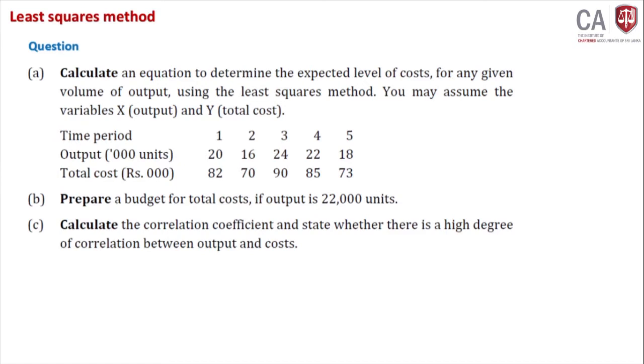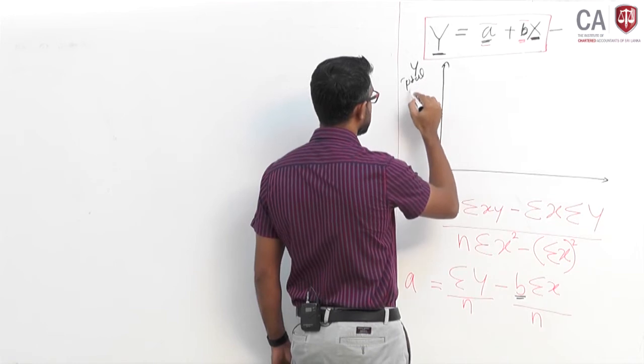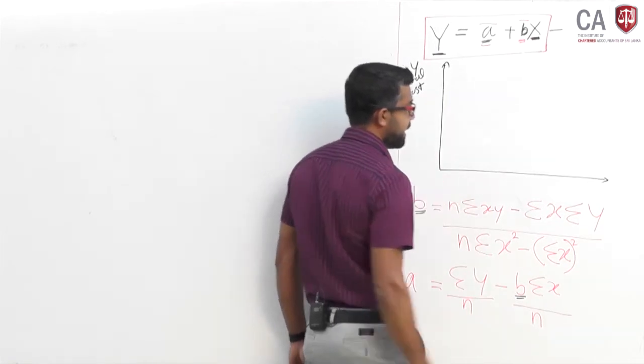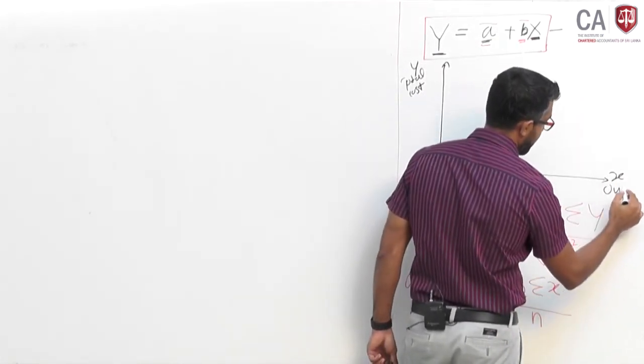We will do it, so then you will easily understand. Y අපිට assume කරන්න කියලා කියනවා total cost. X ගන්න කියලා කියනවා output.